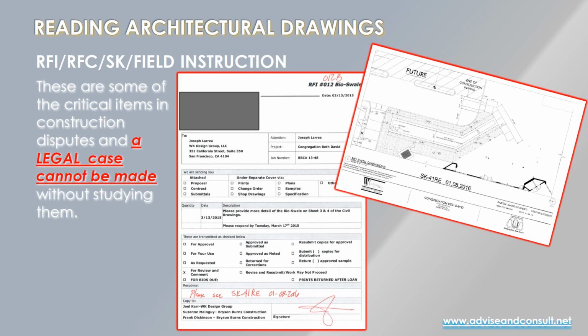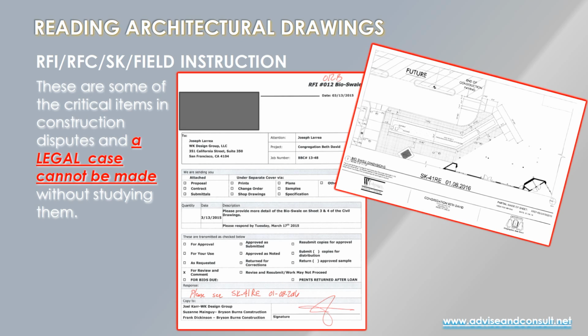It is physically impossible for an architect to draw everything in a building. And so that's why architects' contracts always say something like, the architectural drawings represent the design intent. The contractor is responsible for coordination of specific elements that are not clearly identified.